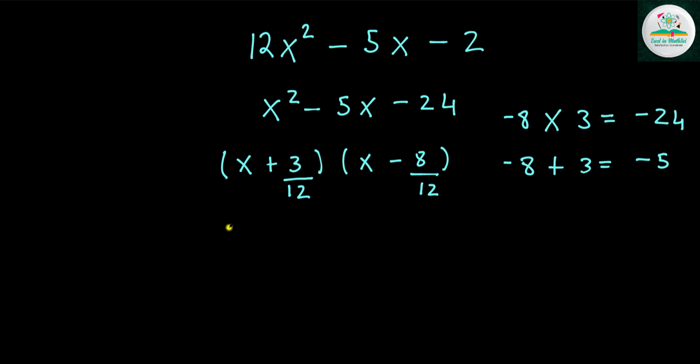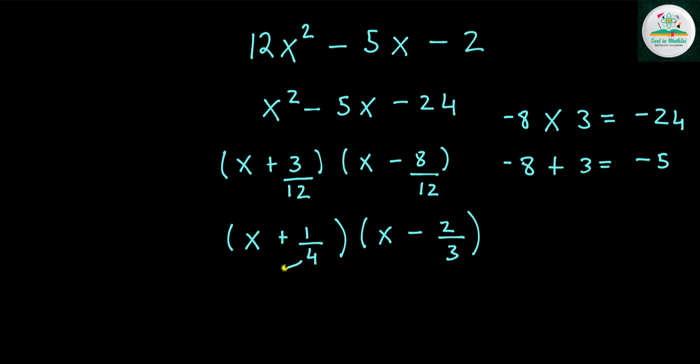If you go ahead and do that, this simplifies down to x plus 1 over 4, x minus 2 over 3. That's because I've divided top and bottom by 3, which is why I get 1 over 4, and I divided the top and the bottom here by 4, and I get 2 over 3.